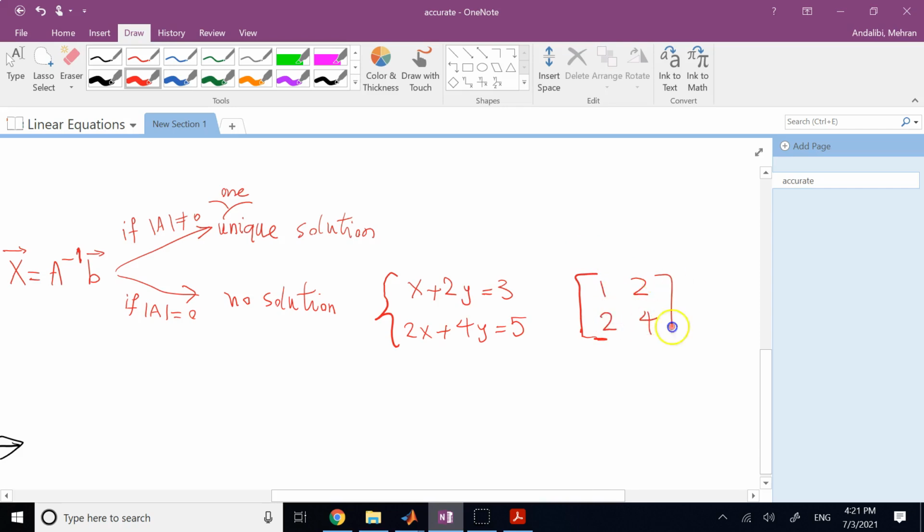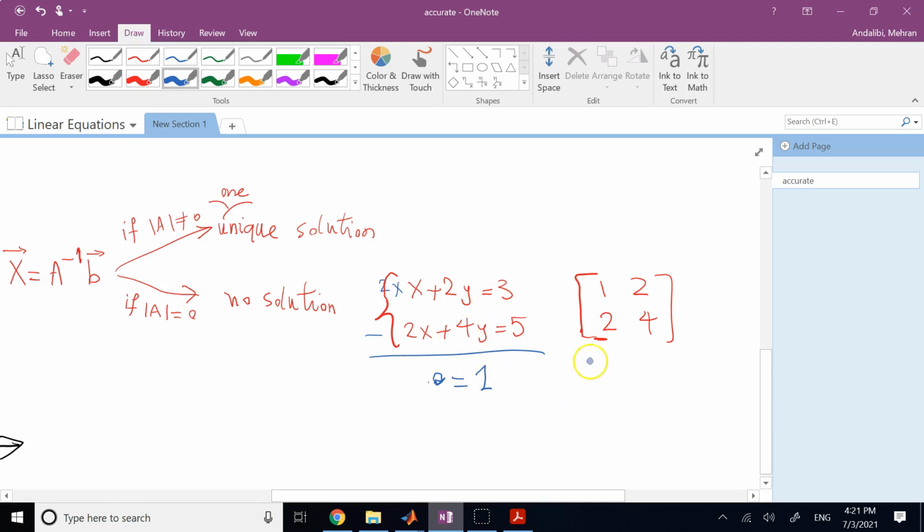Clearly it has a determinant of 0. The right-hand side is not 0, so it is this bottom case. And is there any solution? No, because if I multiply the top one by 2 and subtract from each other, you will get 0 equals 1. 2 times 3, 6, minus 5 is 1. And this is not possible.